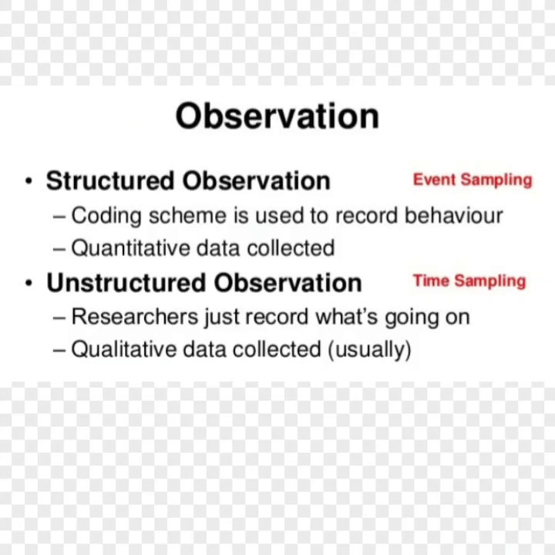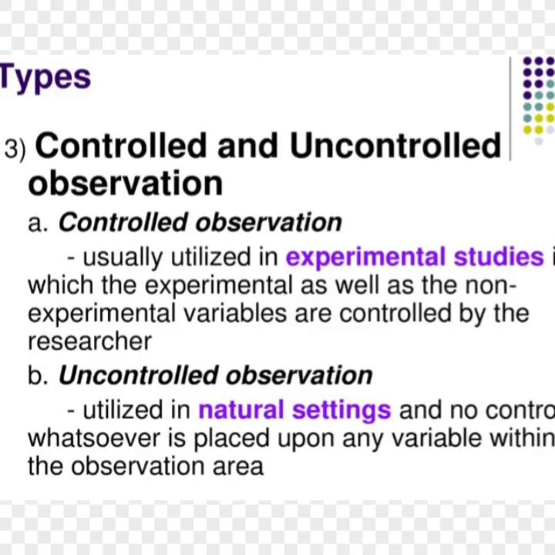The structured observation uses a coding scheme to record behavior, and quantitative data is collected. In an unstructured observation, researchers just record what's going on, and qualitative data is collected. The next is controlled and uncontrolled observation. Controlled observation is usually utilized in experimental studies, while uncontrolled observation is utilized in natural settings.